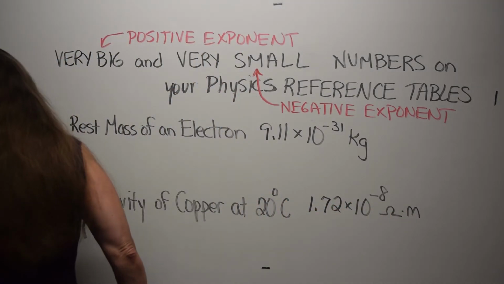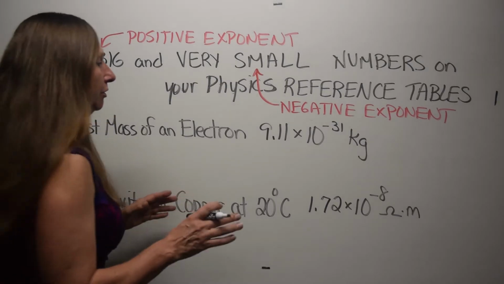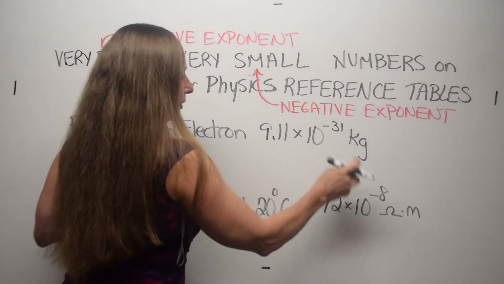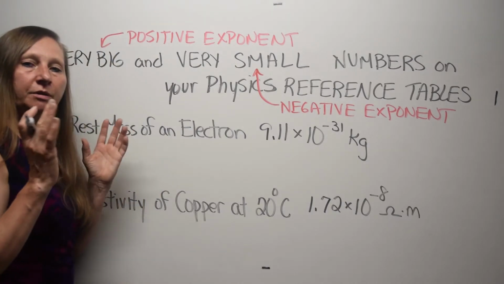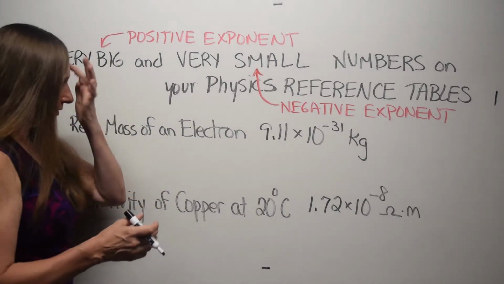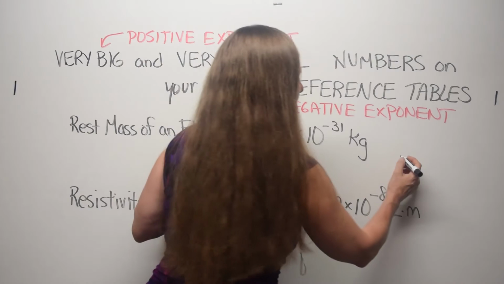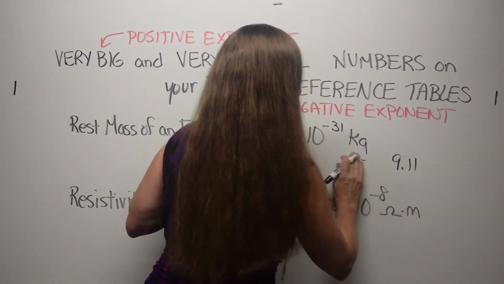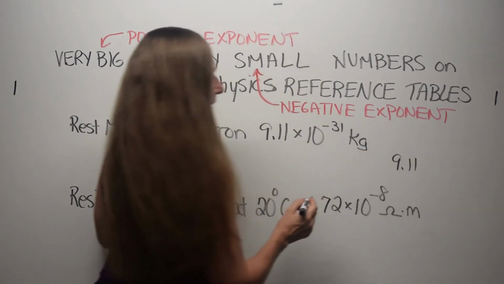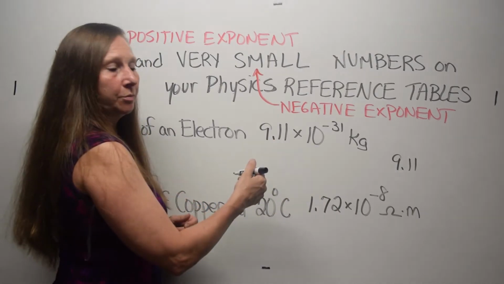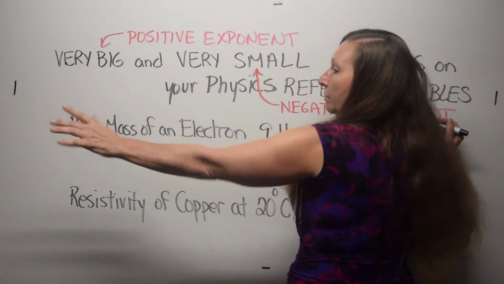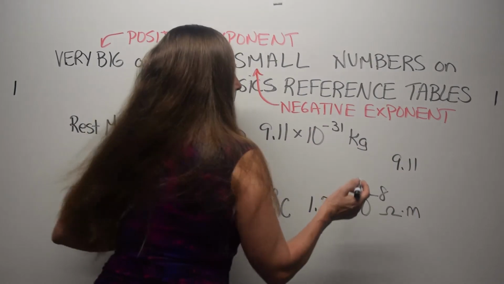Okay, so now we want to convert these to decimal form. These are both negative exponents, so they're going to be very small numbers. I'll put the 9.11 here, and we're going to start moving the decimal that way to make a small decimal number.